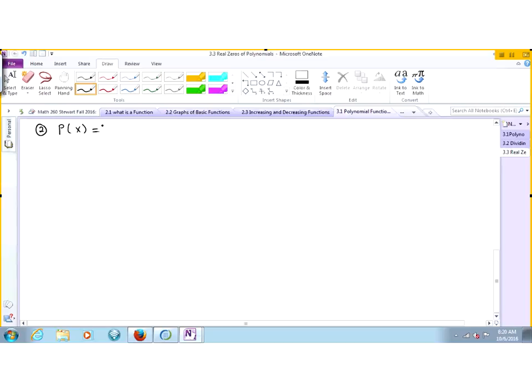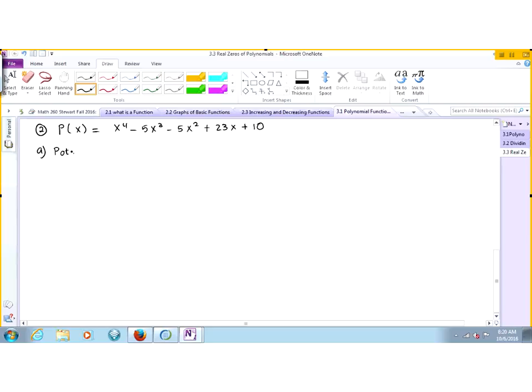So P of x is equal to x to the 4th minus 5x cubed minus 5x squared plus 23x plus 10.